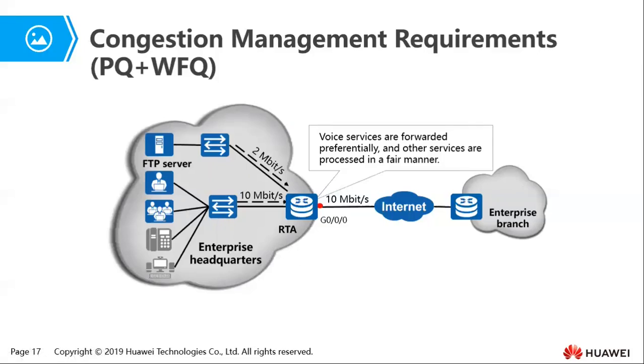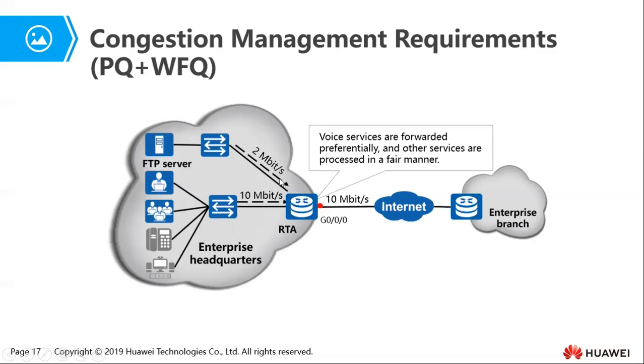Here we want to use PQ together with WFQ. Now we need to understand the requirement. Voice is forwarded preferentially and other services are processed in a fair manner. So we want voice packets coming from the enterprise headquarters to be forwarded with a higher priority, because we have a congestion point here.